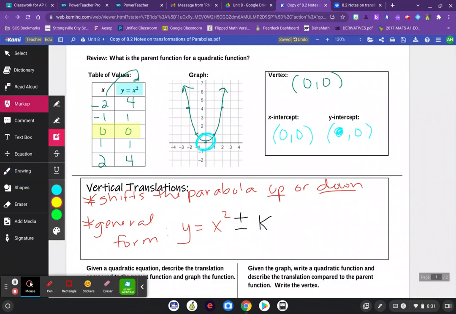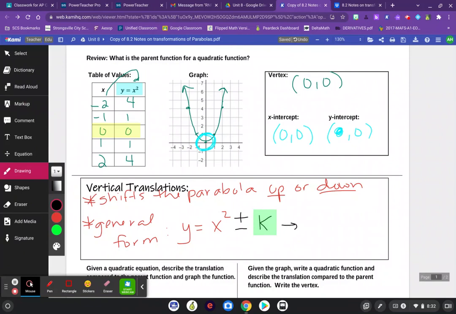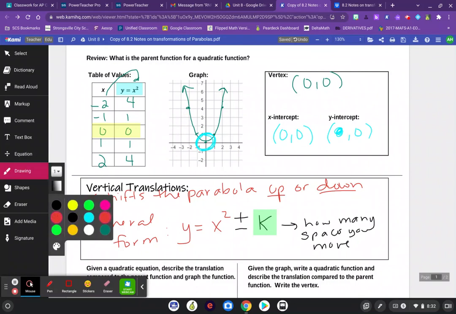And this k value, this number here, is going to tell you how many spaces you move. And then, as we had said before, when we were doing lines, we had said that a plus means that you move up, and a minus means that you move down.